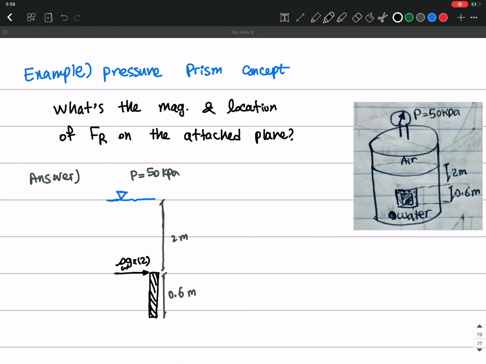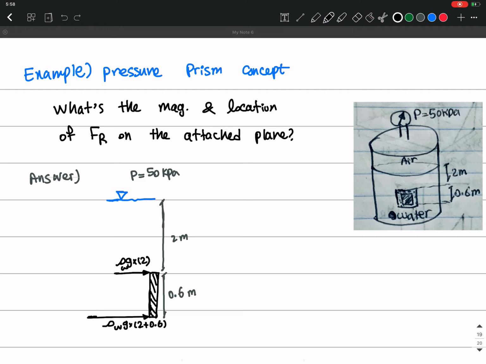And then at the bottom we have a larger force because we are going to a greater depth, right? So the magnitude of that is going to be rho water g times 2 plus 0.6 meter, 2.6 meter, because we are 2.6 meter from the free surface level, right?